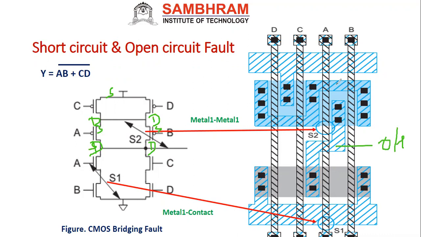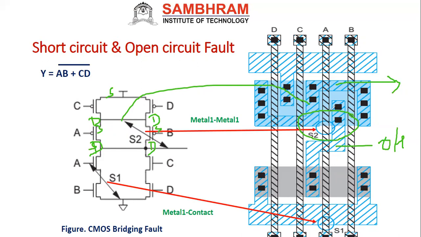Now we'll see this connection. As you know, we need to follow some design rules, correct? This is metal one, and this is metal one, so the minimum distance separation is not there.